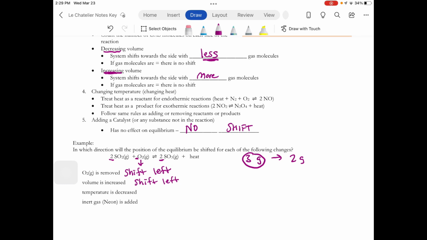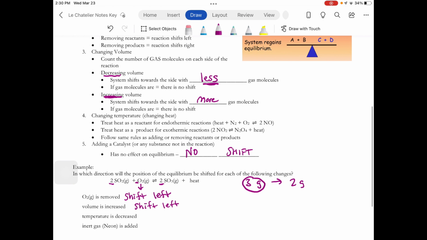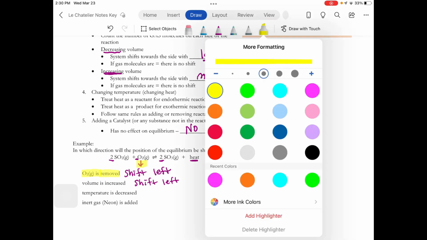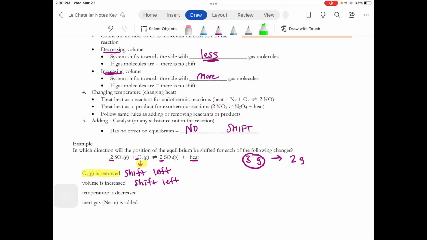And then we're going to decrease the temperature. I should maybe do some colors. Let's do a different color so we know what's going on.